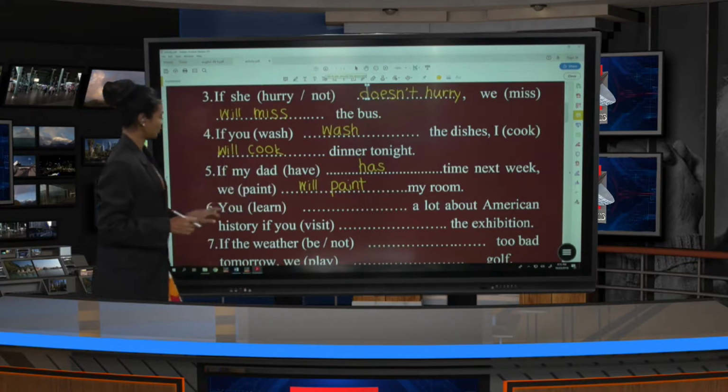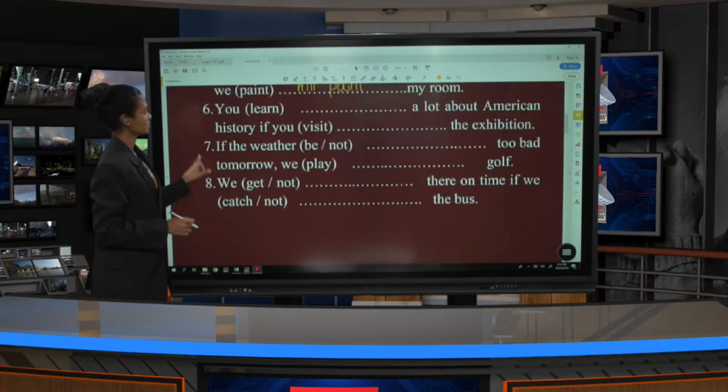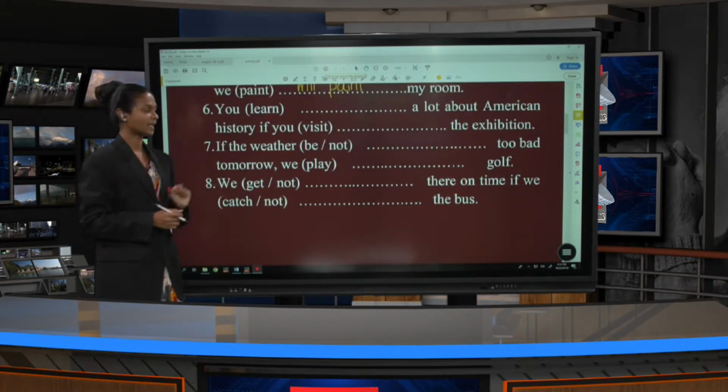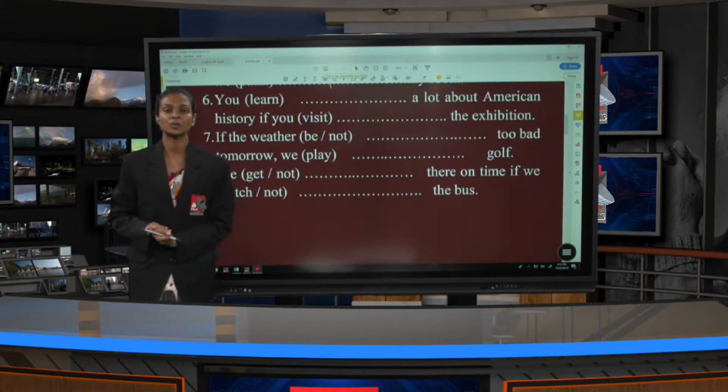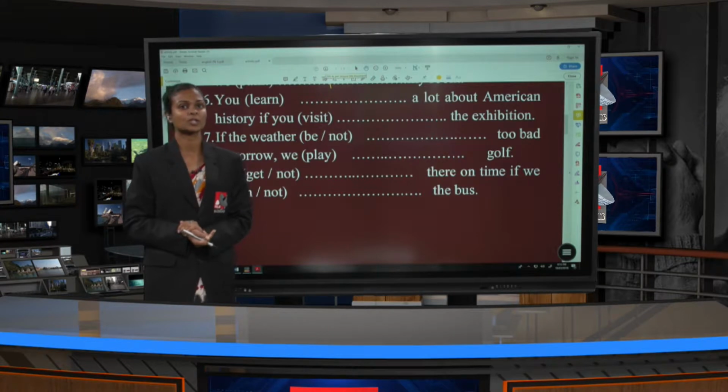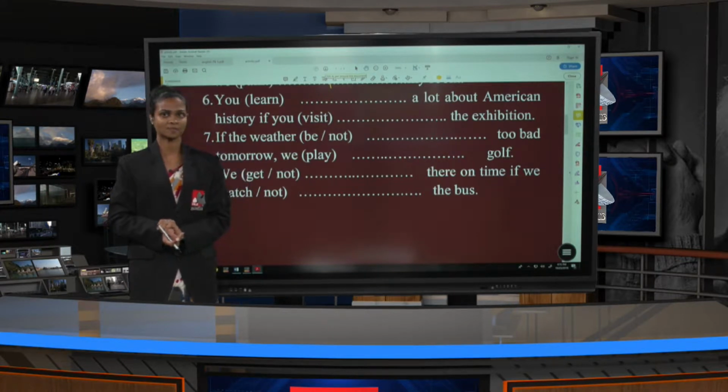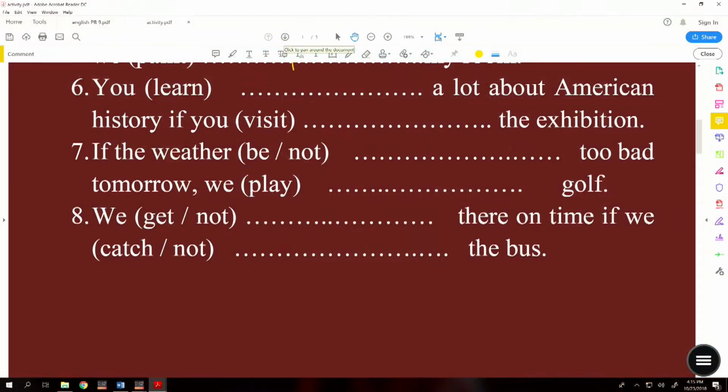Then we will move to the next one, 6th, 7th and 8th. Go through each sentence carefully and try to guess the answers for 6, 7 and 8.